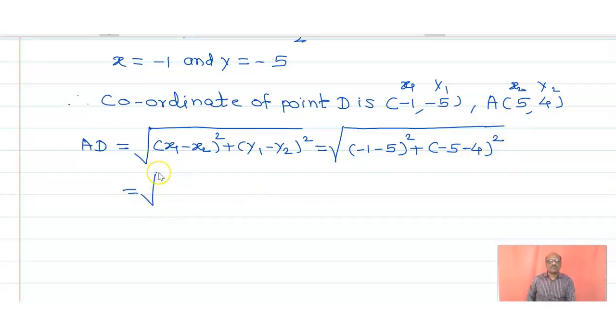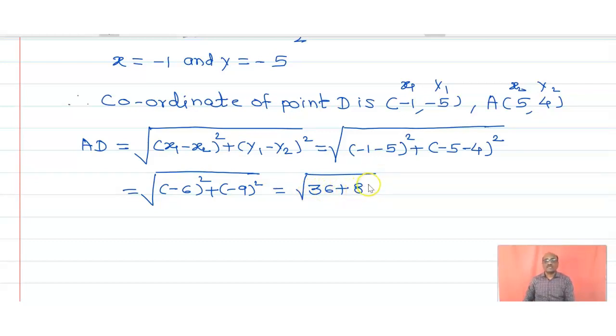Therefore here in root of, that is minus 1 minus 5, minus 6 bracket square plus minus 9 bracket square. Minus 6 bracket square, this will be 36 and minus 9 square, that is 81. Okay, therefore the sum here is 117.